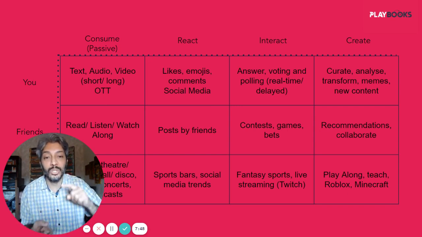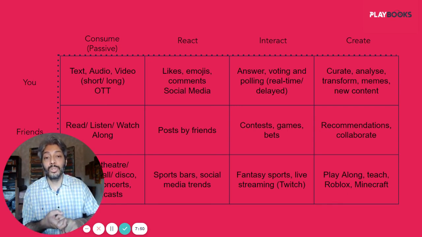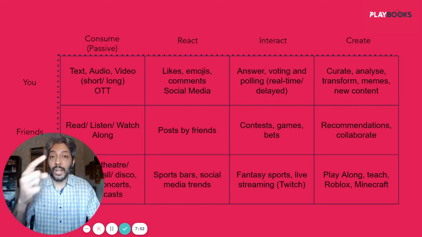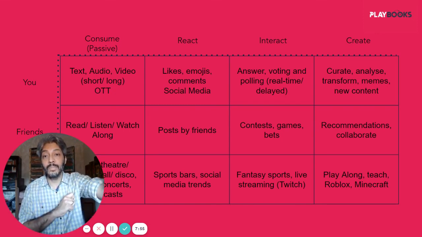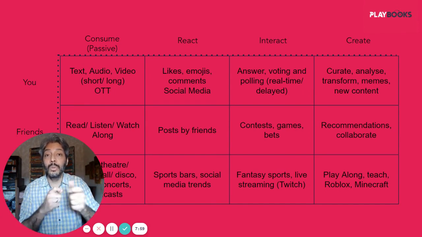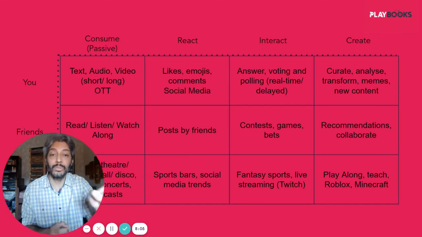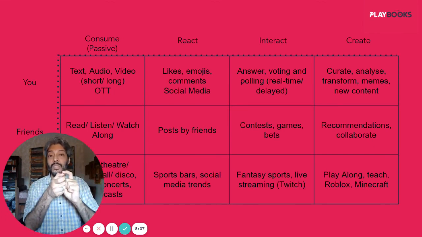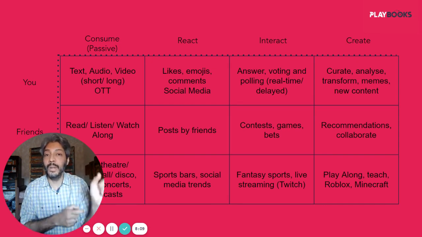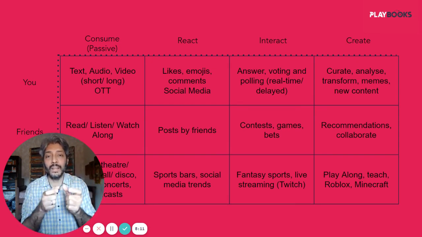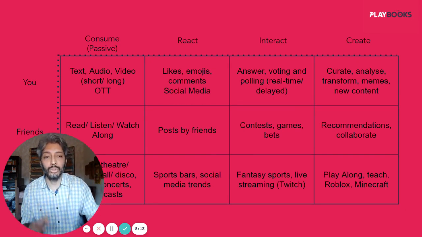So you're answering questions, you're voting, you're participating in polls, and again, the interaction could be real time. You do something and something changes in the content that you're watching, right? But it could be delayed, that hey, you voted this week and a contestant on the show got eliminated in next week's episode, right? So the action reaction pair here could be delayed, and that's fine. But the fact is that you gave powers to the consumers.